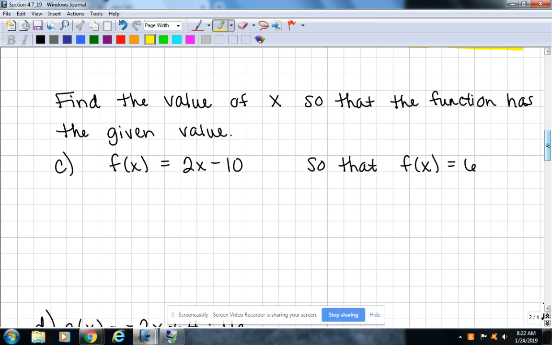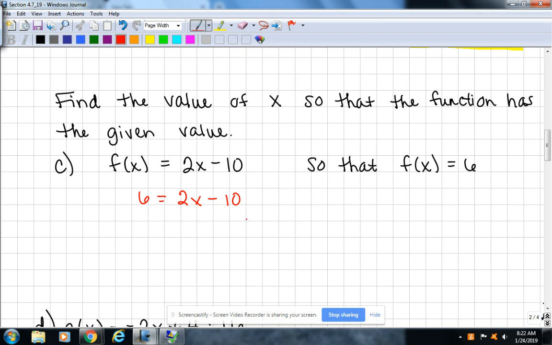And isn't f of x the same thing as y? Yeah. So where they have f of x, I can replace that with a 6 and set up the equation 6 equals 2x minus 10. Okay? So if it tells you f of x equals a number, you're not given the x, you have to find x, and you put this number where the y would be. Does that make sense?